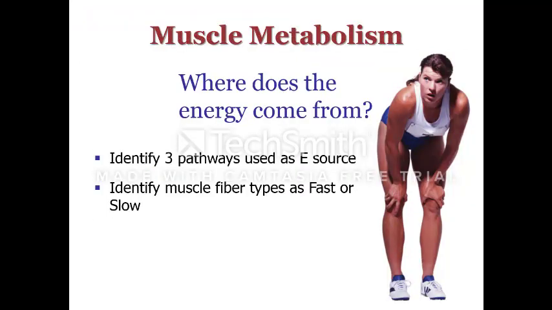If you guys work on muscle metabolism and identify the 3 pathways used as energy sources for muscle, and then identify muscle fiber types as either fast or slow, that would complete this note set, and we can move on into cardiac, chapter 13, and that will be my next video installment for you, the heart lecture.